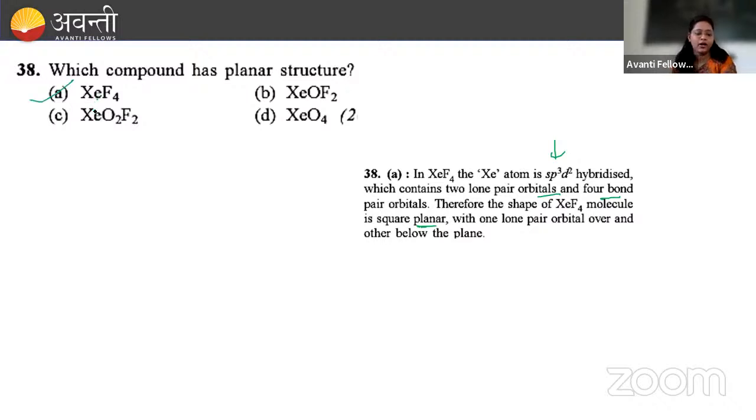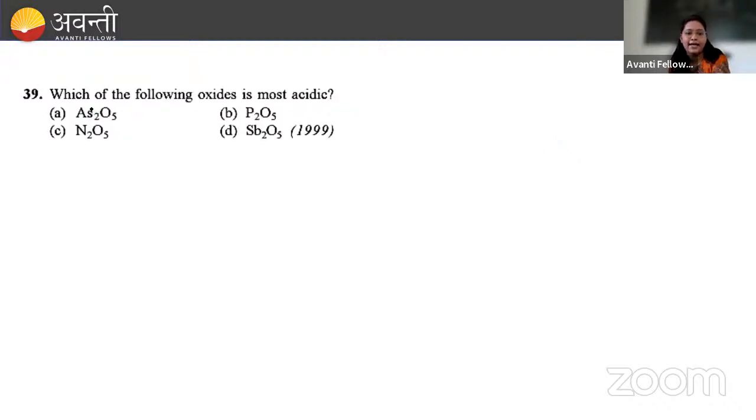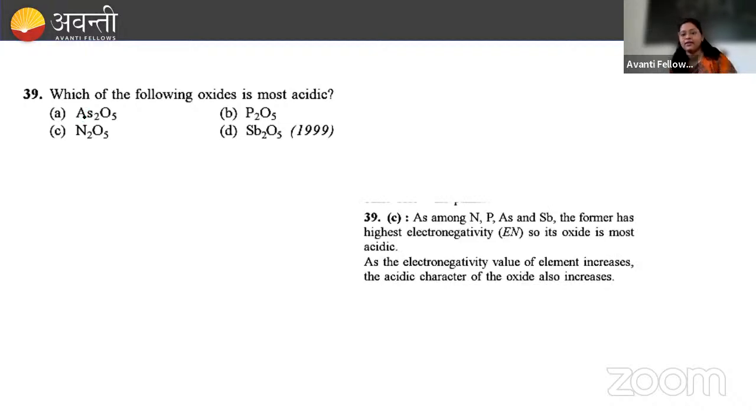Next, which of the following oxides is most acidic? So you know what happens to the acidic character as we move down the group? What happens? Basic character goes on increasing. See here, among nitrogen, phosphorus, arsenic and antimony, the former has the highest electronegativity, so its oxide will be most acidic.